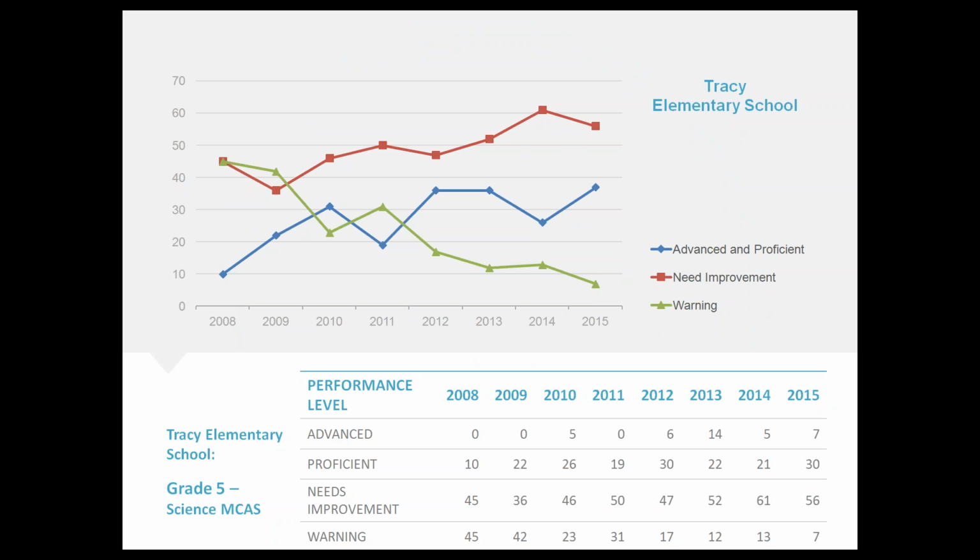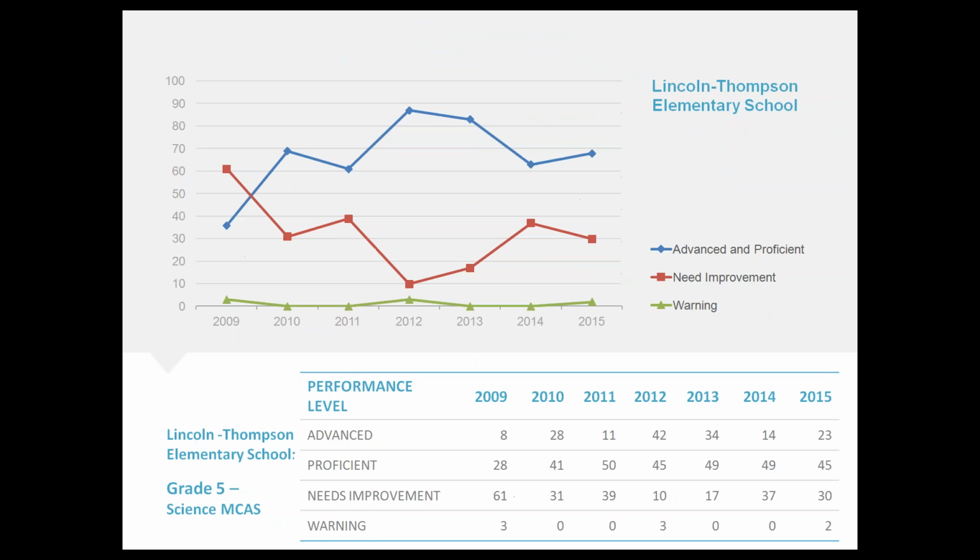And so this one here, warning and failing dropped from 45% to 7%. Another environment over here where I believe the height of their gain was about 51 points. They're still trending upward. This is another community with 72% low income, all public schools, district schools.